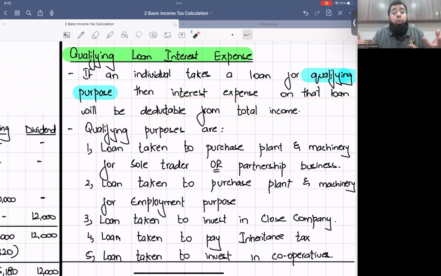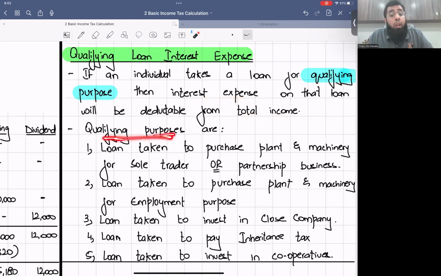When we deduct from total income, we get an easy rule because total income number is big. We can adjust it from non-saving. If there is no non-saving income, we can adjust from saving. If there is no saving income, then we can go against the dividend income also. So if the loan is for qualifying purpose, the interest expense is deductible from total income.